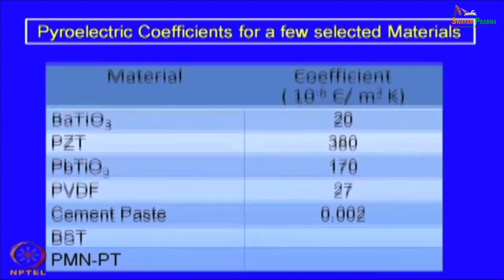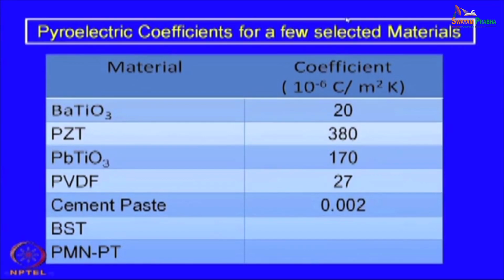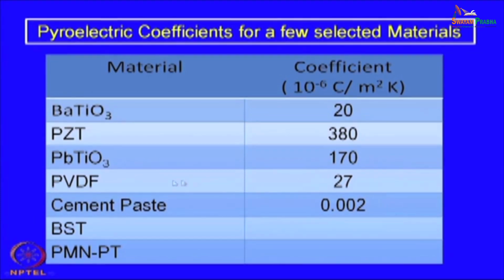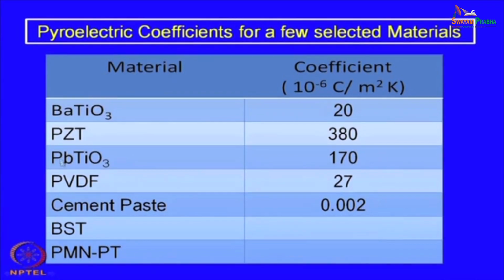Different materials like this, this is the pyroelectric coefficient of different materials. Barium titanate, you can see PZT is quite high, lead titanate is also fairly high. PVDF, one of the piezoelectric polymers, also has some pyroelectric effect.